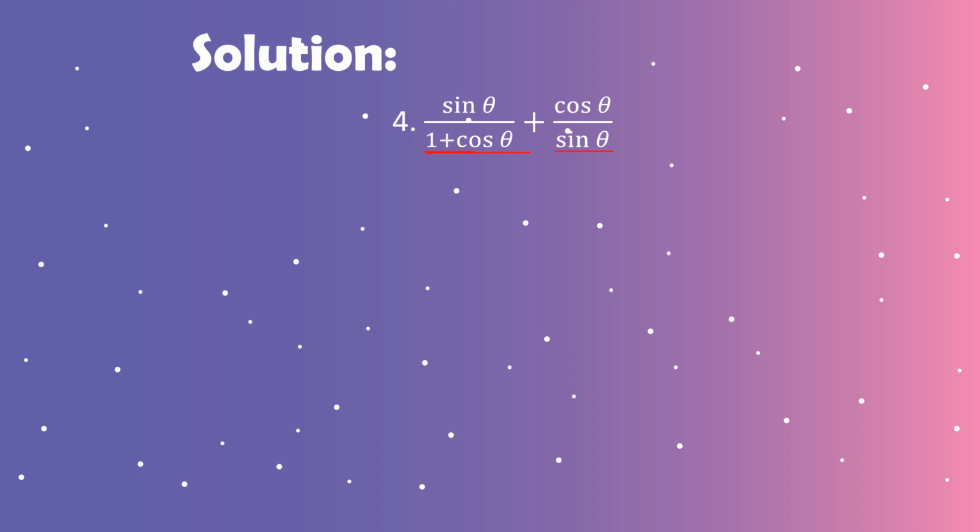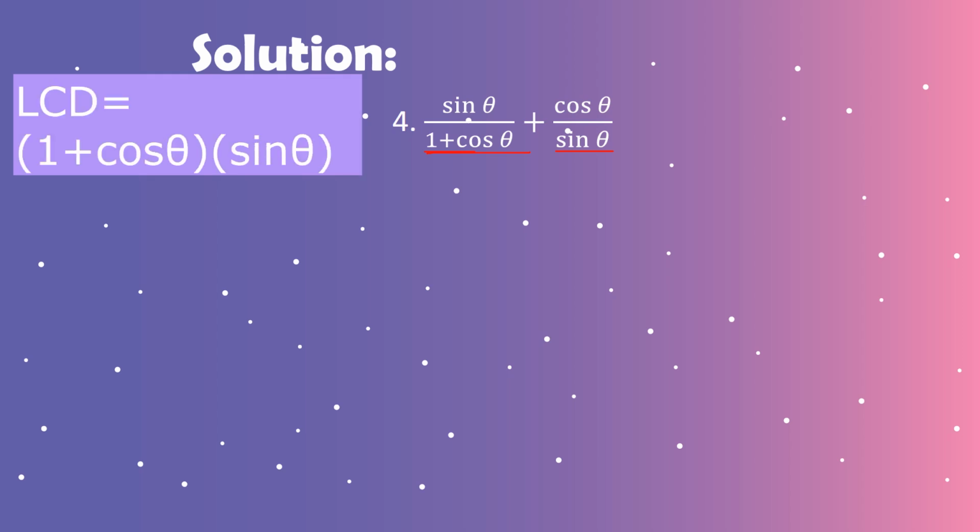Now, one easy way to deal with this is to make them similar. And to make them similar, we need to get the LCD. Now, one easy way to find the LCD is to multiply the denominators together. So we have 1 plus cosine theta multiplied by sine theta.